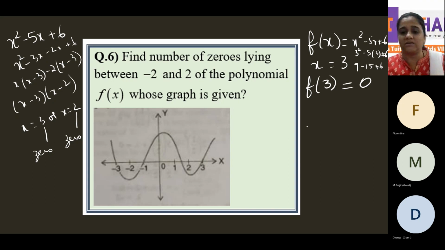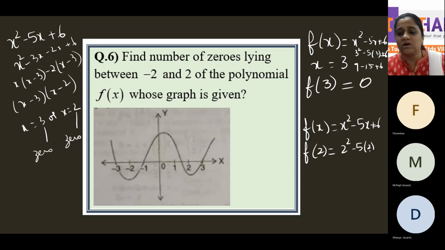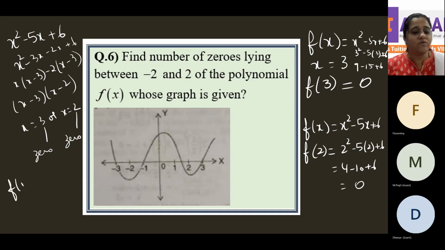See, one minute. I think I'm not clear. I'm saying, in f of x, what is f of x? x square minus 5x plus 6. Now, if you find f of 2, you get 2 square minus 5 into 2 plus 6. So you get 4 minus 10 plus 6. That is 0. But find something else other than 3, 2. Find f of 1.